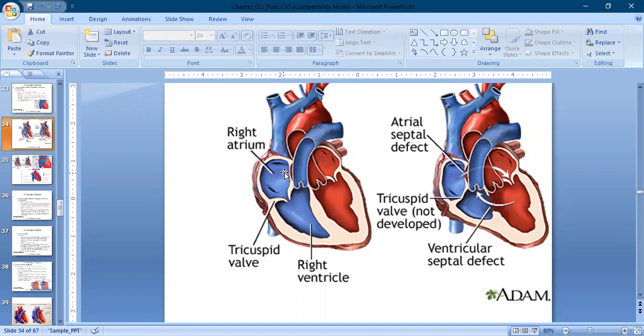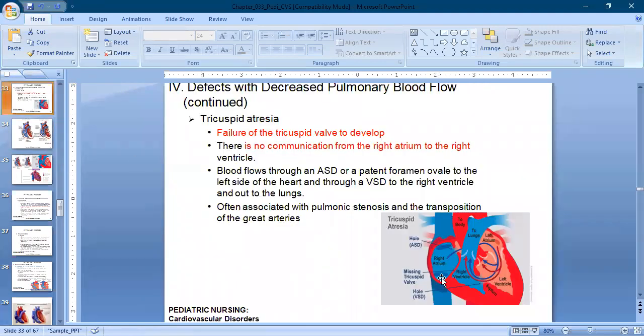So blood does not go from right atrium to right ventricle, and backflow and congestion occur. If this type of problem occurs, it is called tricuspid atresia. Tricuspid atresia is a complete closure of the tricuspid valve and requires an ASD or VSD to be present.